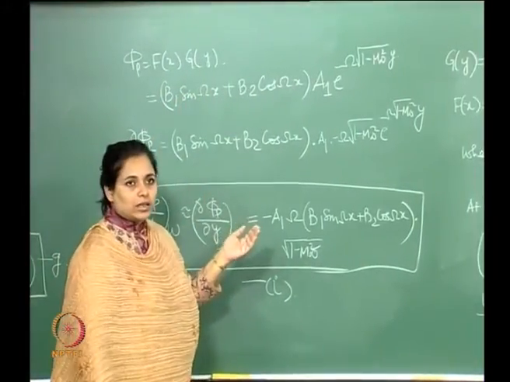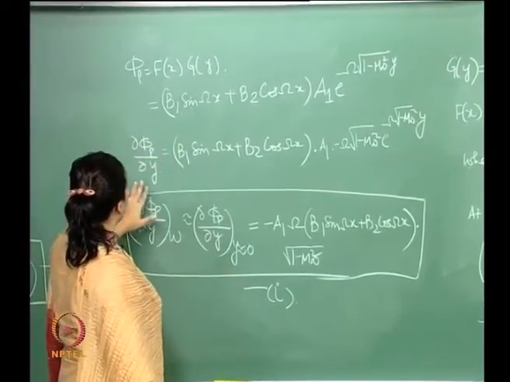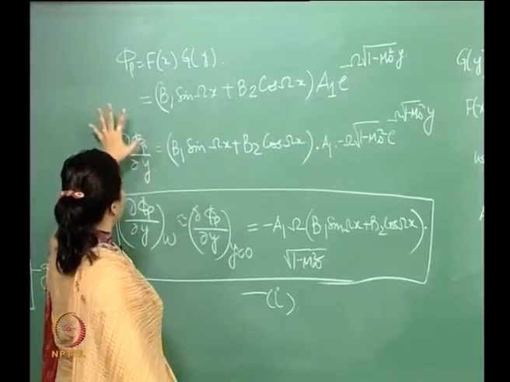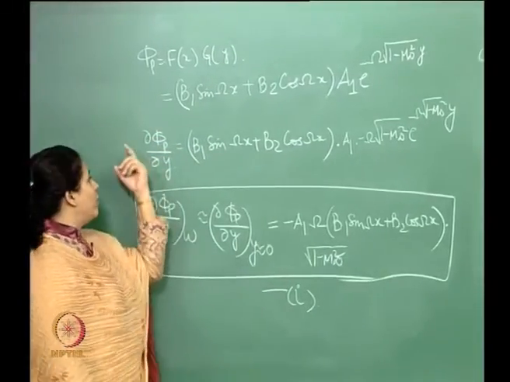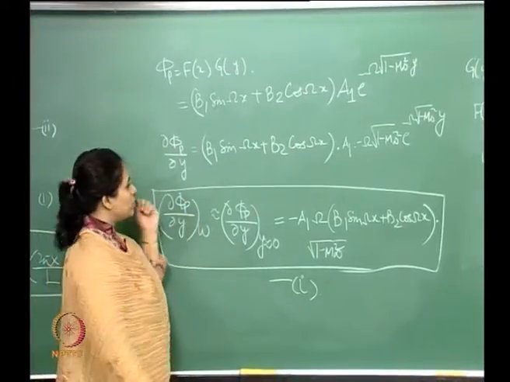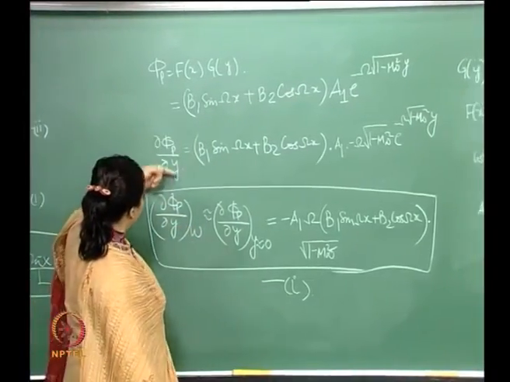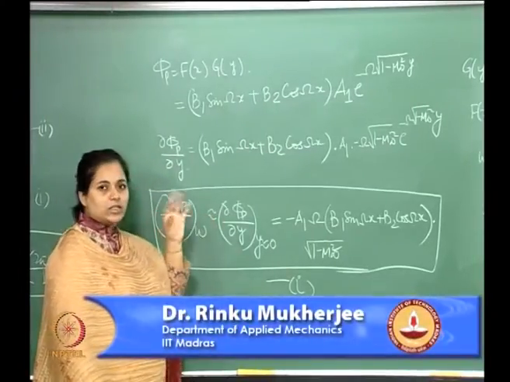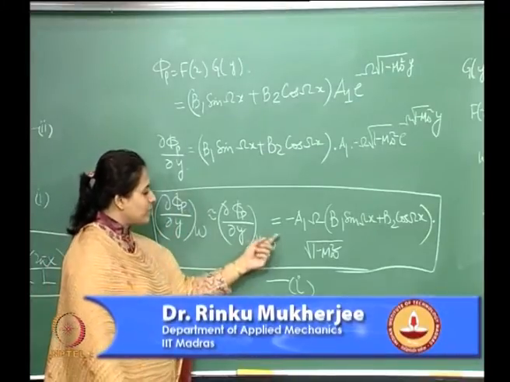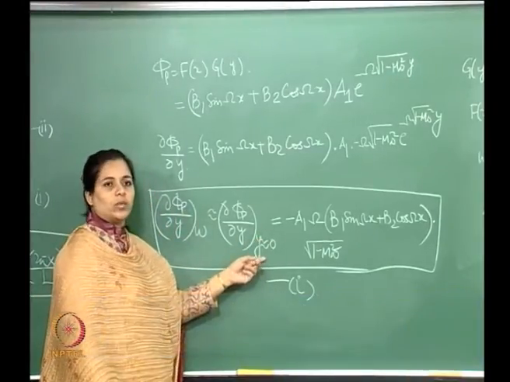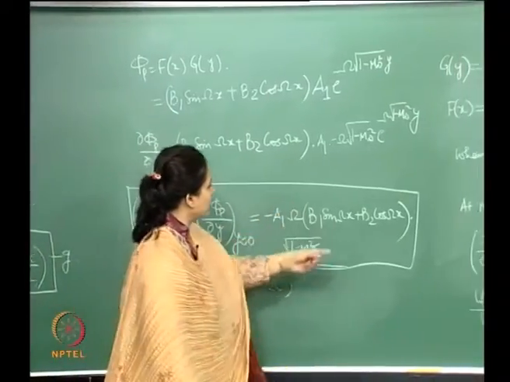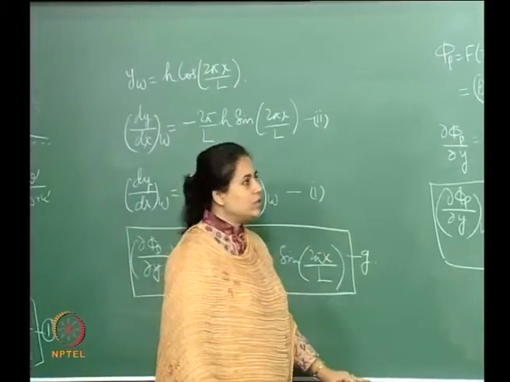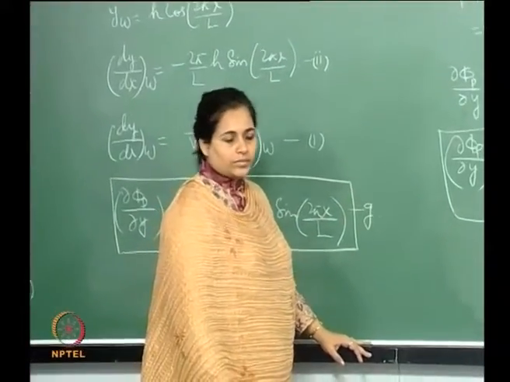We input that in here, and then we wrote an expression for del phi by del y. Now we have a specific expression for del phi by del y at the wall. So using small perturbation theory, we said that del phi by del y at the wall, for small perturbation, which means h is nearly 0, means the y ordinate is nearly 0, and we get this expression. So the next step is of course to equate these two. We will continue with this in the next lecture. Thank you.